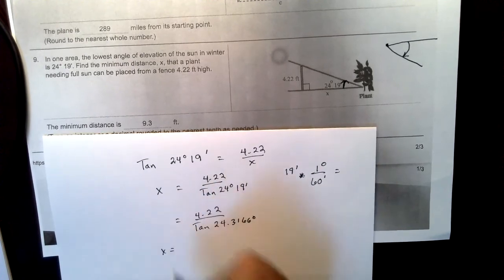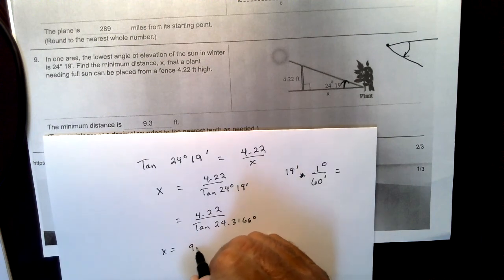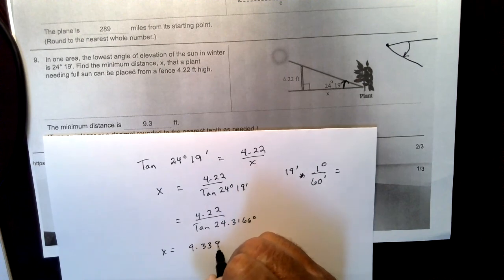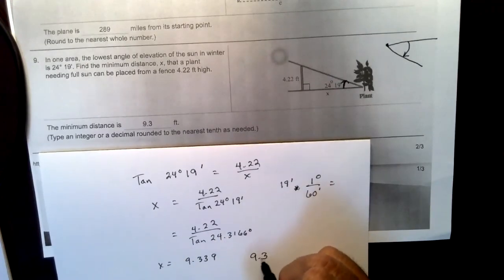And one last time, 404.22 divided by the tangent of 24.3166 degrees. The answer is about 894.34. It says 894.339. It says type an integer or a decimal rounded to the nearest tenth. So my final answer should be 894.3.